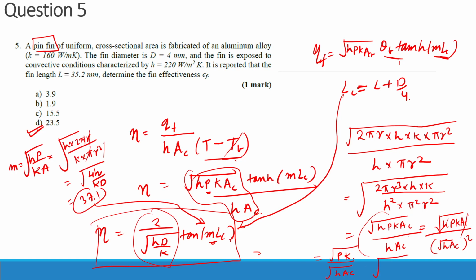So that is under root of h times under root of P k upon h into A_c. Now you can just put the value of perimeter as 2 pi r. The cross-sectional area is pi r square, and then you can get these equations. So write it in terms of the diameter, so under root of 4 will become 2, and then you can just write this equation.